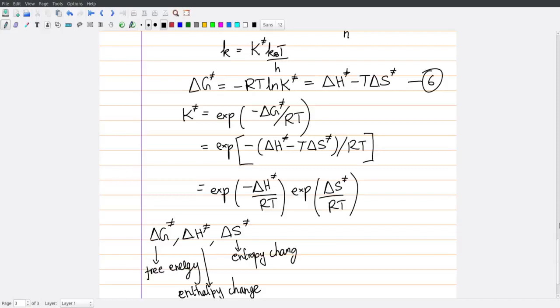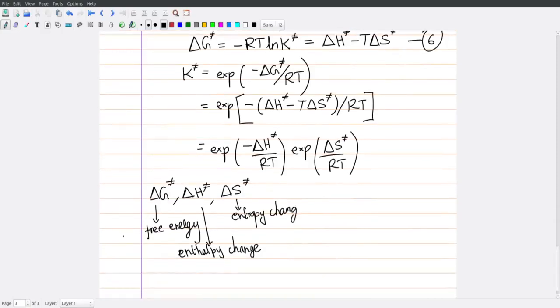And please note, they are all at standard condition. So you can call them standard free energy, standard enthalpy change, and standard entropy change. Right. Now we can equate.